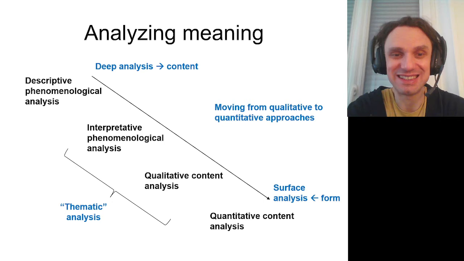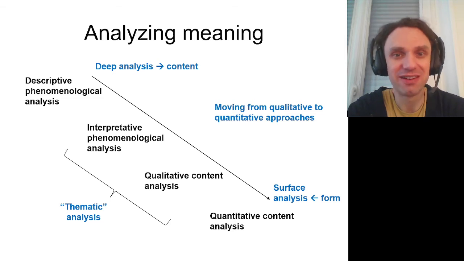But these methods, they work with surface. They are optimal for situations where it's fairly easy to understand what we want to extract, when the categories of our analysis are expressed in specific words.